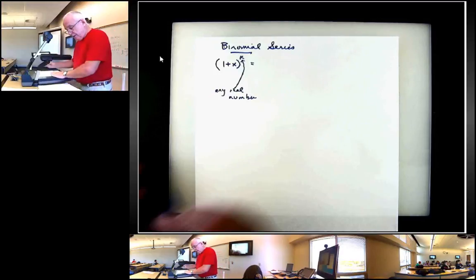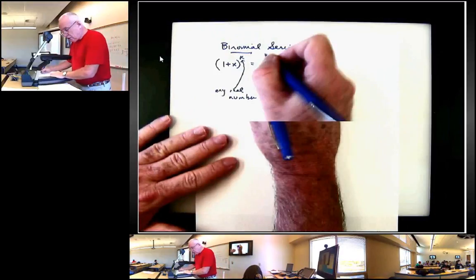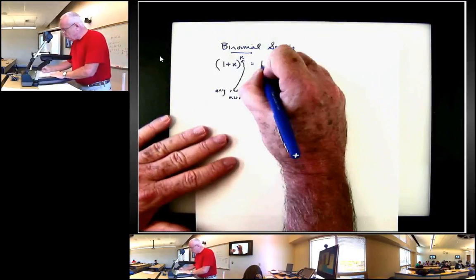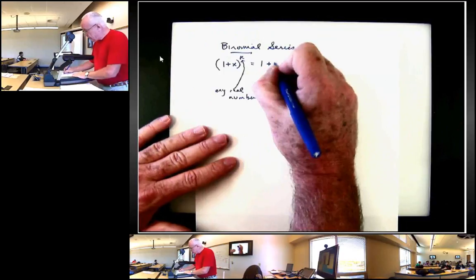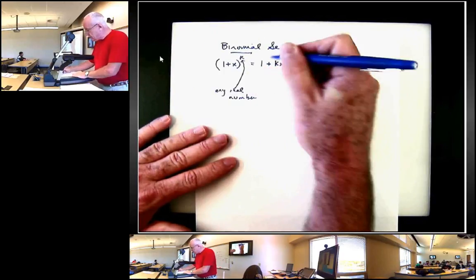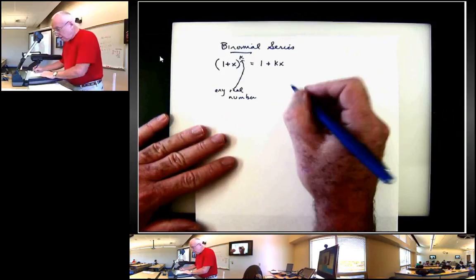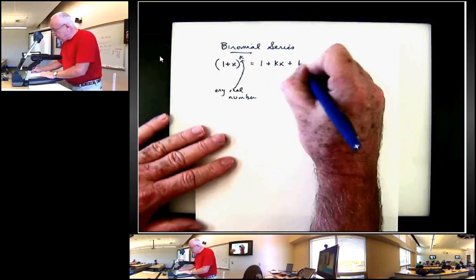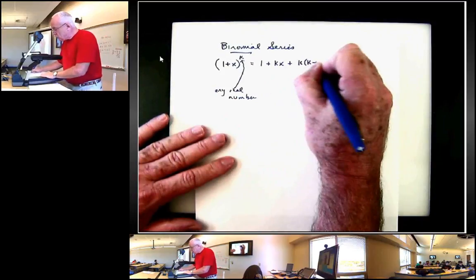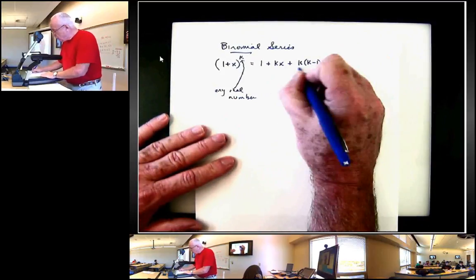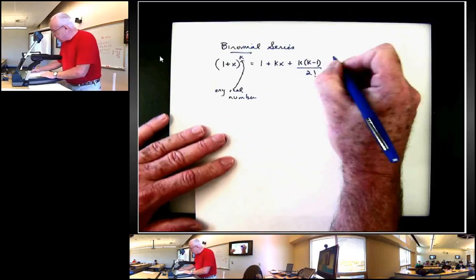I'll first write out the first few terms. 1 plus k times x, where k is from the exponent. Then the next term is plus k times k minus 1 over 2 factorial times x squared.